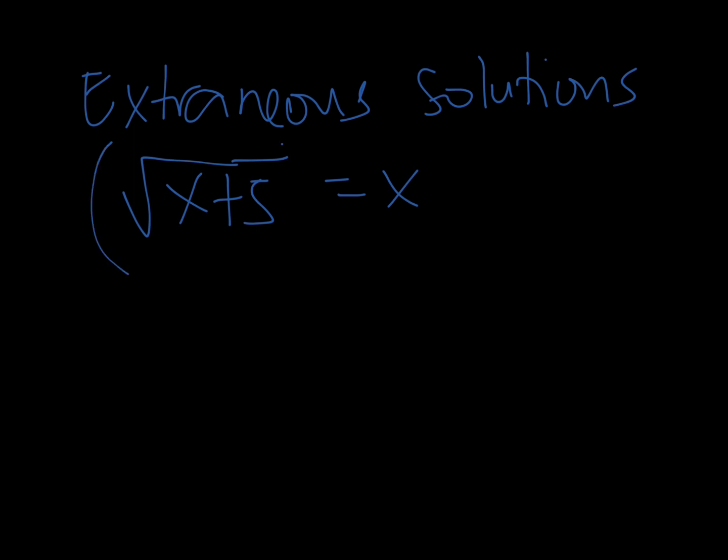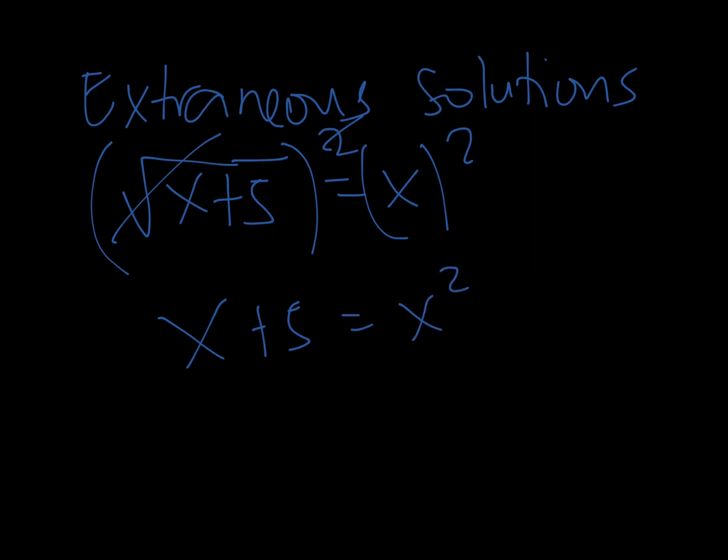Apply the squaring property. Cancel. 4x plus 5 is equal to x squared. Next, simplify. Equate it to 0. So x squared minus 4x minus 5 is equal to 0.